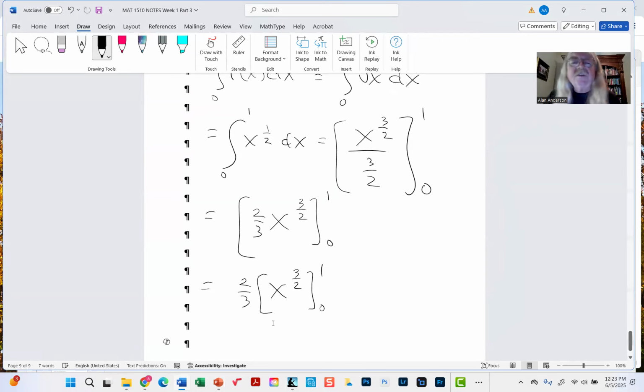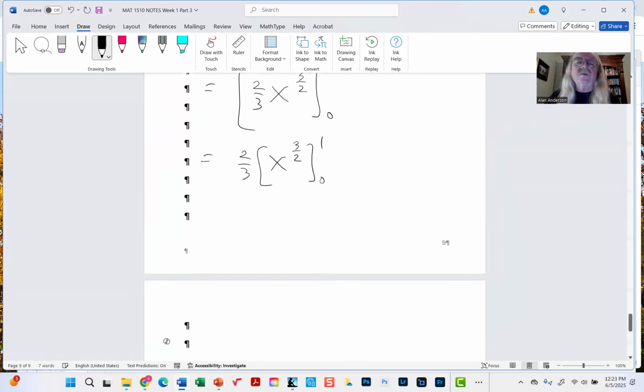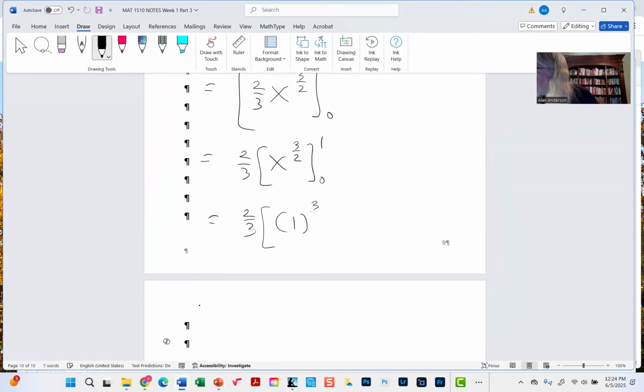The way this notation works, you're evaluating this function when x equals 1, then you're doing the same thing for 0, and then you're subtracting. This is how definite integration is carried out.